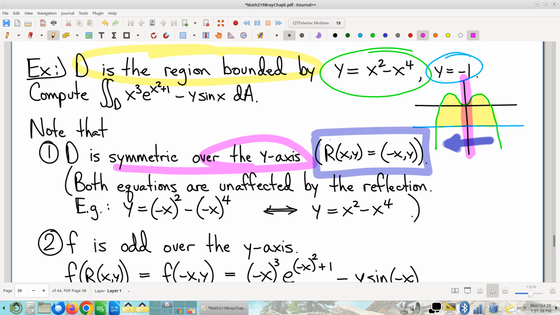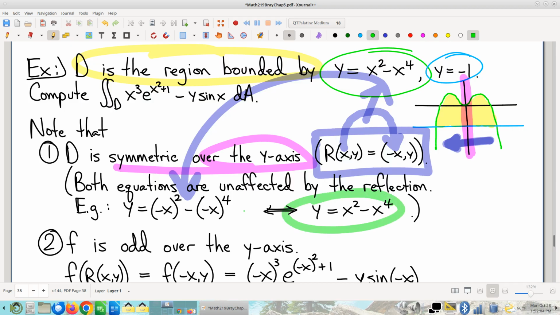The reflection effectively turns the x-coordinate of the input into minus x for the output. And notice I did that here, like so, and notice the result is the same curve.